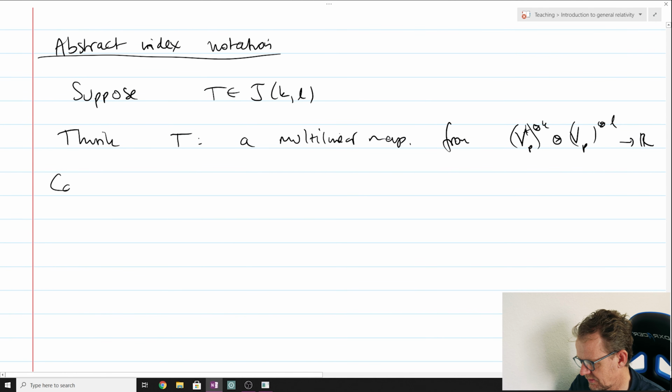Now you can specify T via its components in a basis.